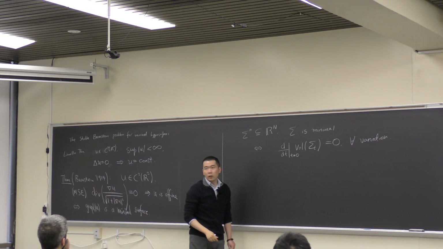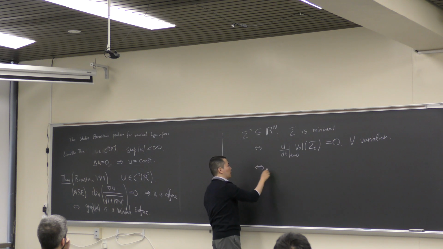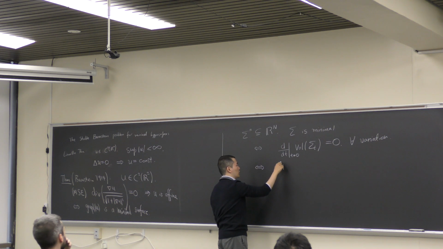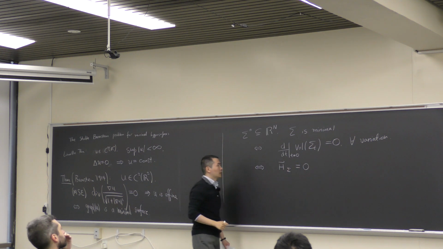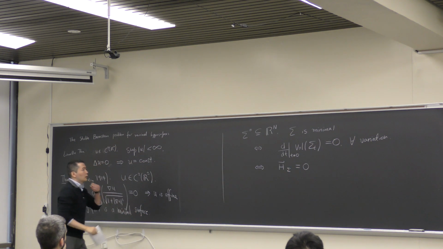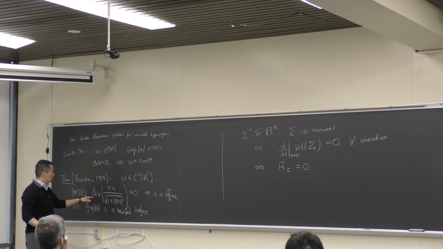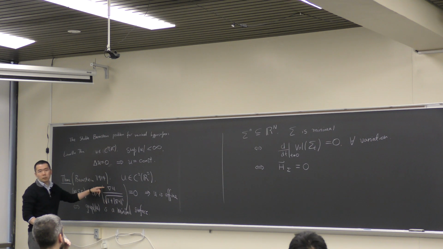So it's the critical point for the area functional, and equivalently, this is also saying the mean curvature vector H on Sigma identically vanishes. The mean curvature vector of a graph is basically given by this divergence operator.